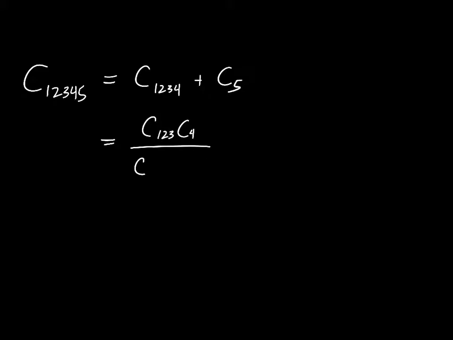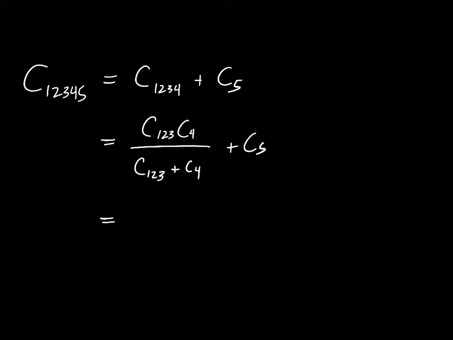But C1,2,3,4,5 would be the same as C1,2,3,4 plus C5, and we found that C1,2,3,4 was C1,2,3 times C4 over the sum of those two factors, and then we have C5.